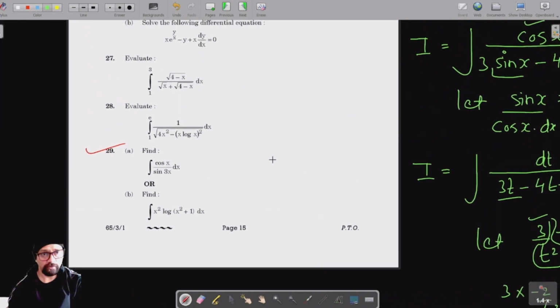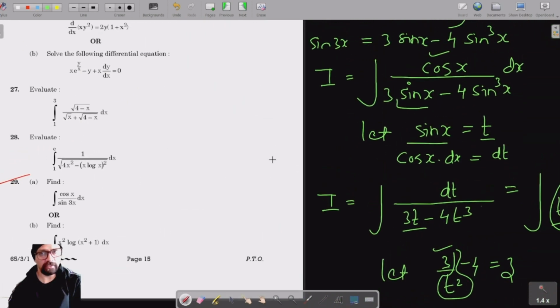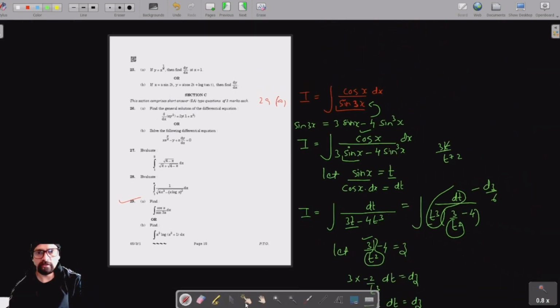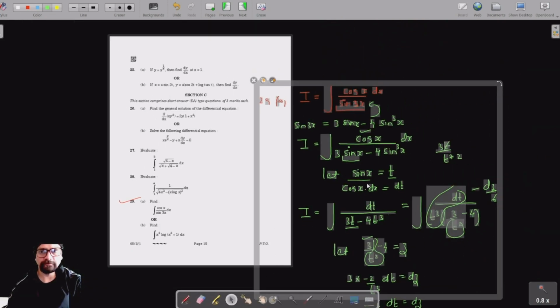Let's move on to part B, for which we have to find the integral once again.